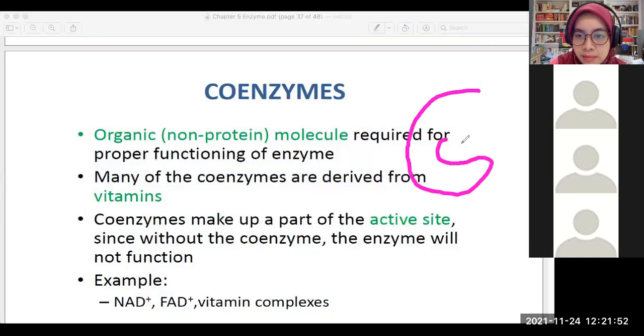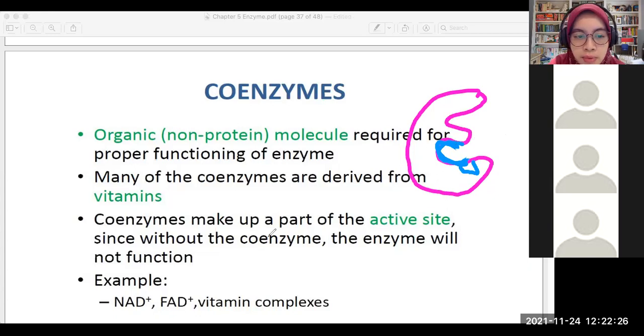We have an enzyme, and here is the active site. Within this active site, there's also a site for the coenzyme to bind, apart from the substrate. Some enzymes have this coenzyme binding site, where without the coenzyme the substrate cannot bind. So maybe the coenzyme is like the initial door or initial step before the substrate can bind.